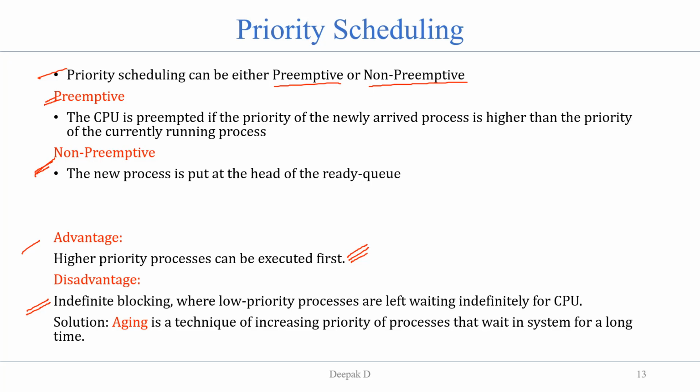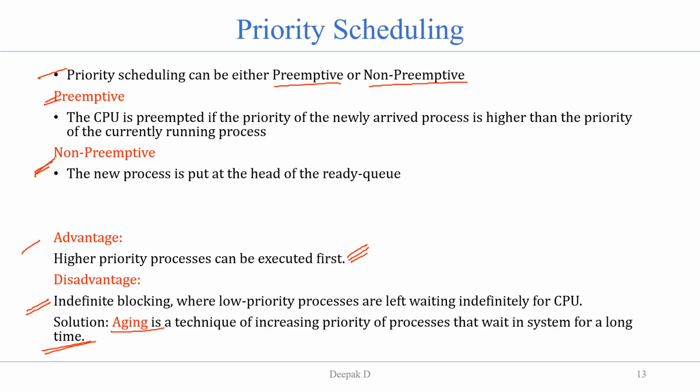This is one of the major problems with priority scheduling. What is the solution for this? The solution for indefinite blocking is a method called aging. It is a technique that gradually increases the priority of a process that waits in the system for a long time. So this is the solution for indefinite blocking or starvation in priority scheduling.